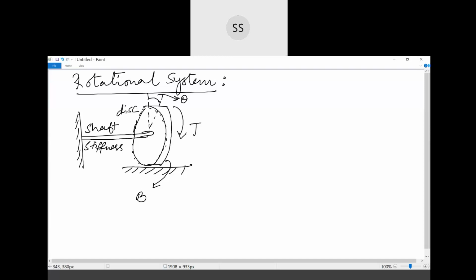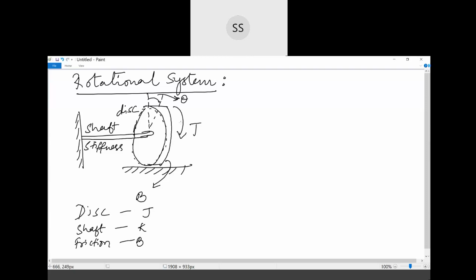Shaft stiffness. Just like our translational system, this is also a simple rotational system having one mass of inertia, which is represented by the disk, nothing but J. Then there is a shaft which represents the spring, and there is a friction, which is again represented by B. So friction will be associated with this mass of inertia.